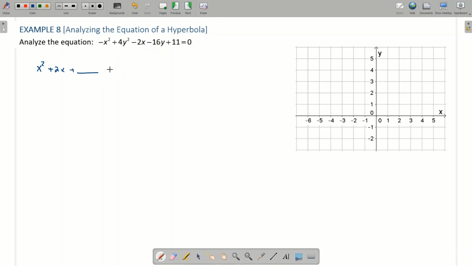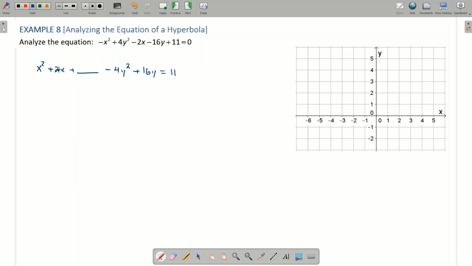I have to multiply that term by a negative, so it's now minus 4y squared plus 16y, because again I multiplied by a negative. Then I'm going to do two things here, not usually recommended: I multiplied this by a negative, but then I also move it to the other side. So that means it will just be a positive 11 on that other side. Imagine if I had subtracted it over at the beginning, it'd be negative 11, multiply it by negative, it's now positive 11. Okay, we want to complete the square.